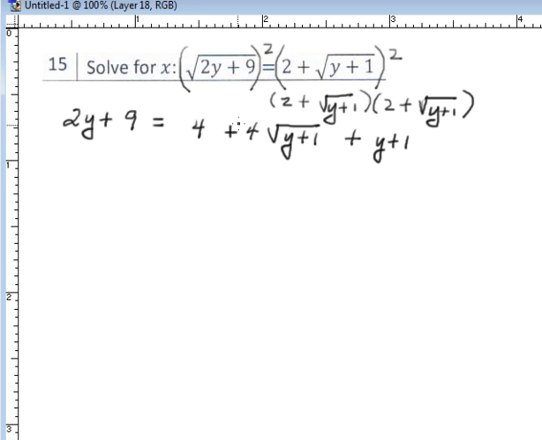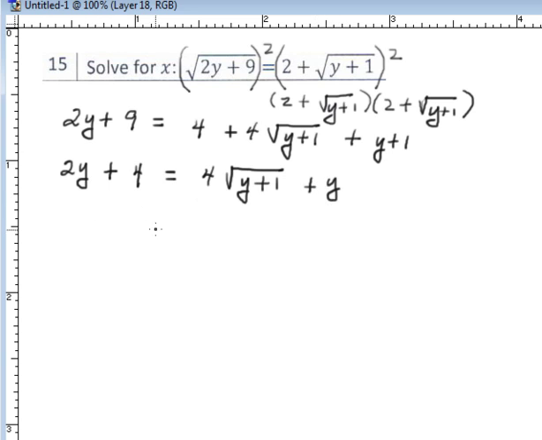Okay, we still have a radical, so we're going to have to isolate that radical and square both sides again. All right, here 4 and 1 is 5. Let's subtract 5 from both sides. So we have 2y plus 9 minus 5, that's plus 4, equal to 4 times the square root of y plus 1, and we still have the plus y over here.